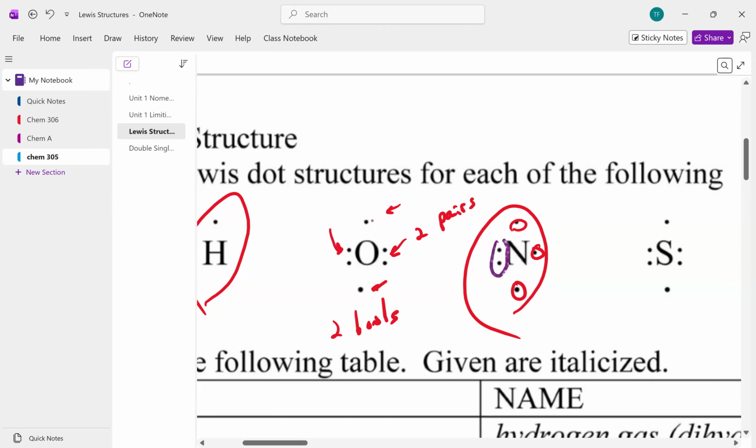Now they're already paired up, so they can't have more than two in an orbital. That's why the singletons can occupy another atom's orbital and share that. Just like if two people rent an apartment, you share everything, occupy the same space. It's exactly the same thing.